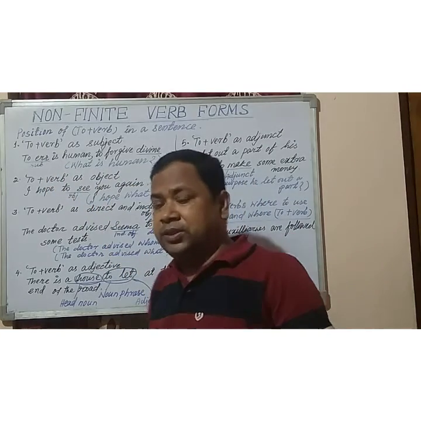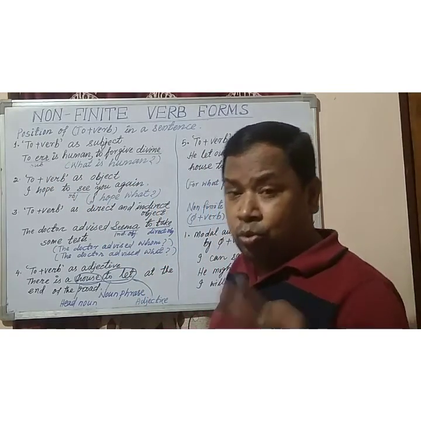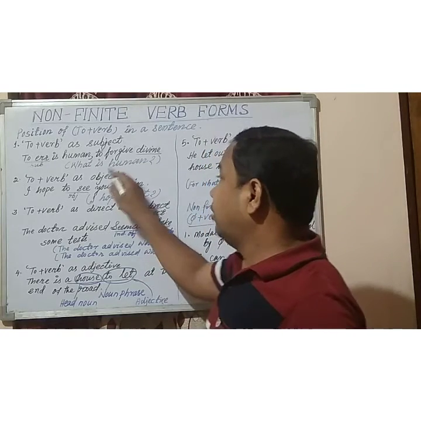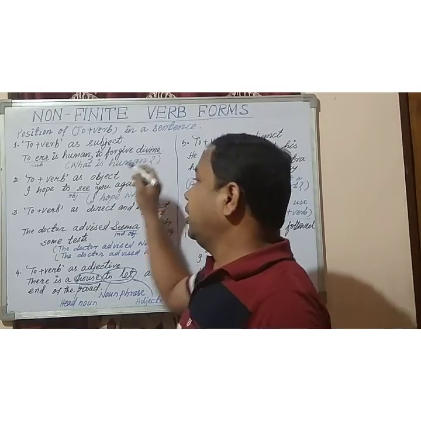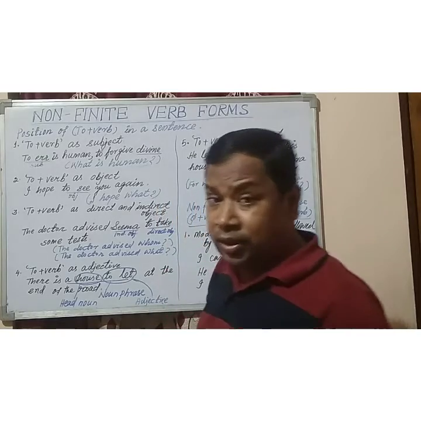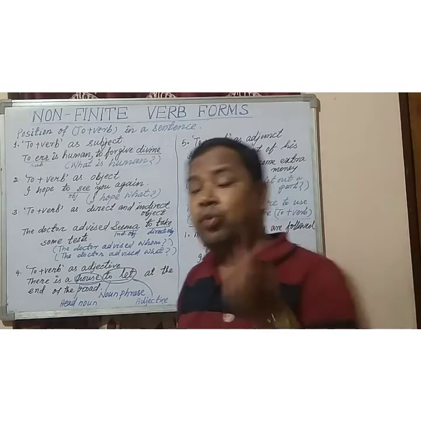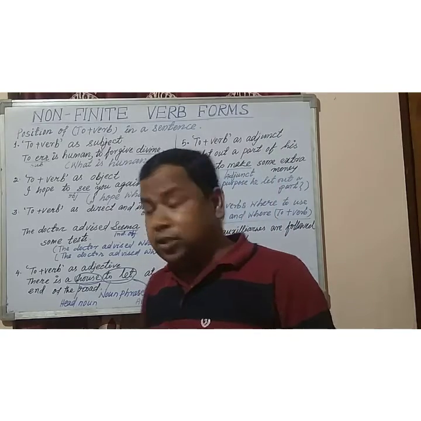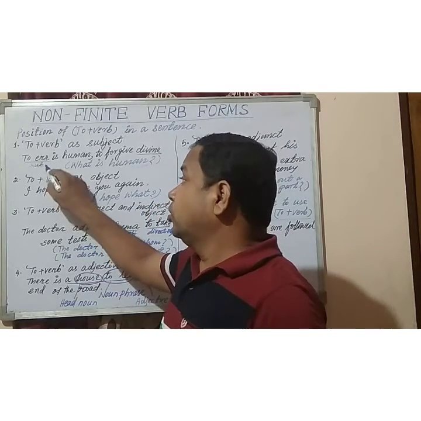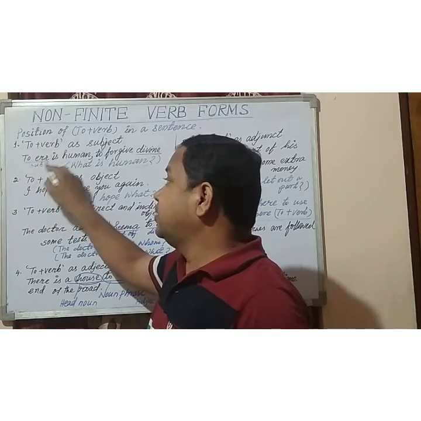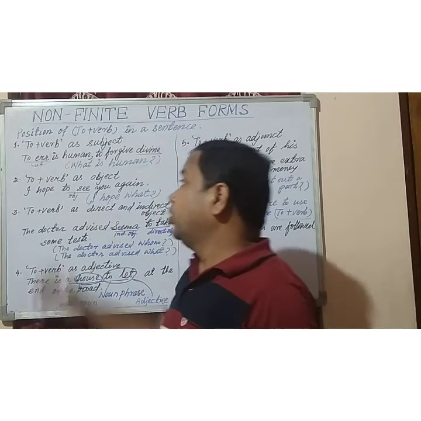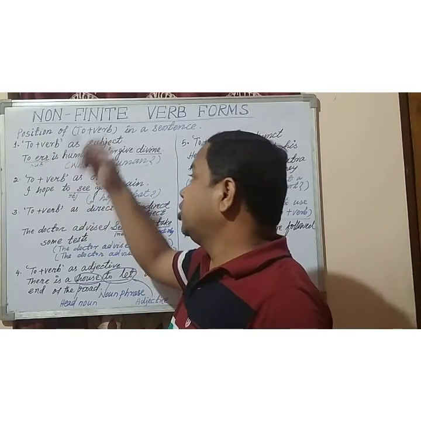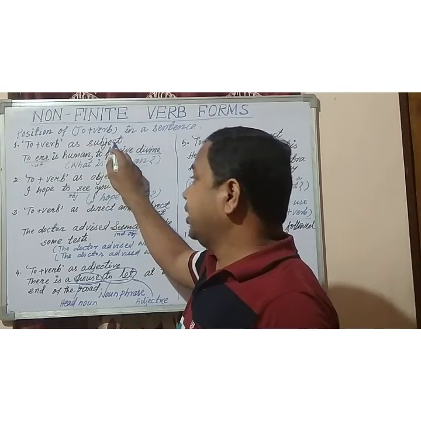To know the subject we ask who or what. What is human? If we ask the question what is human, the answer comes: to err. What is divine? To forgive is divine. So here to err is the subject of this sentence. So here to plus verb is used as subject.